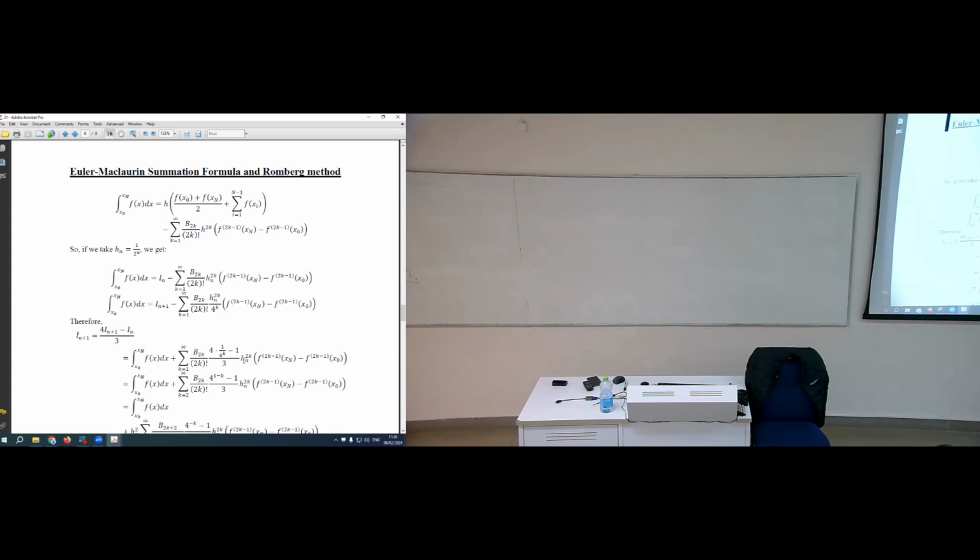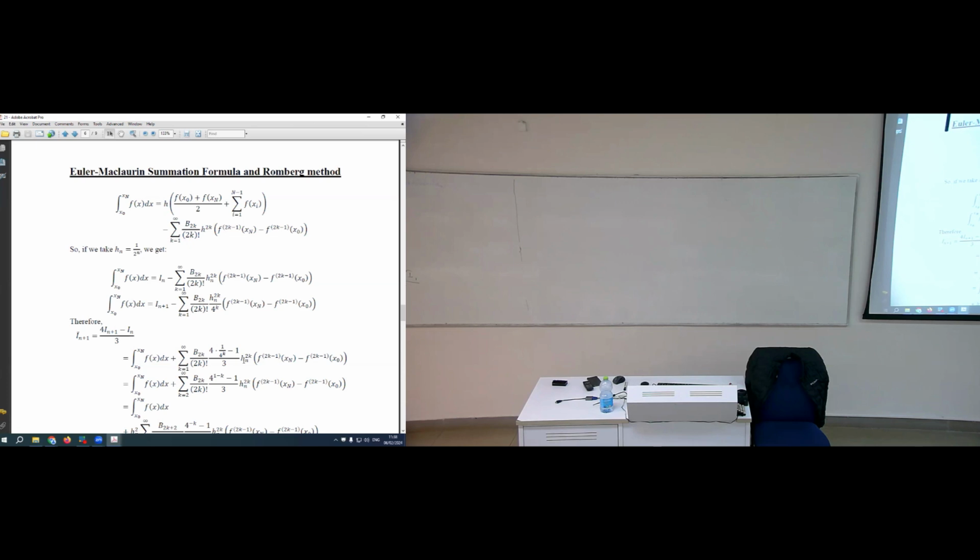So if we take 4 of this minus 1 of this, divided by 3, we will get this integral plus a correction. What's the correction? It's 4 of this minus 1 of this, divided by 3. That's the correction.